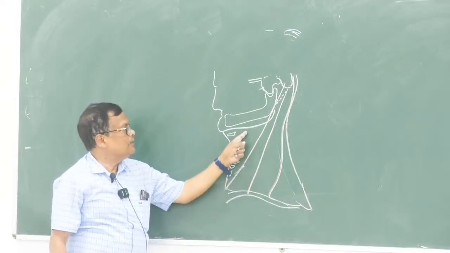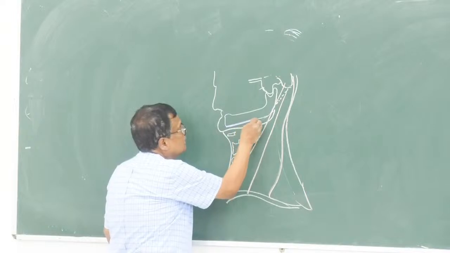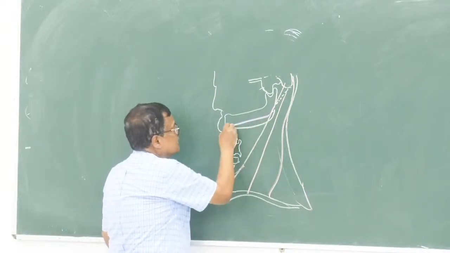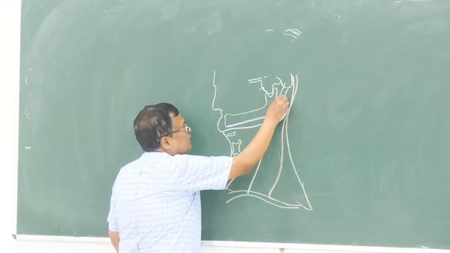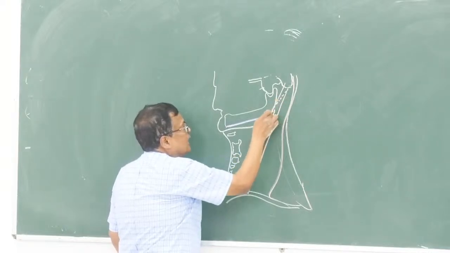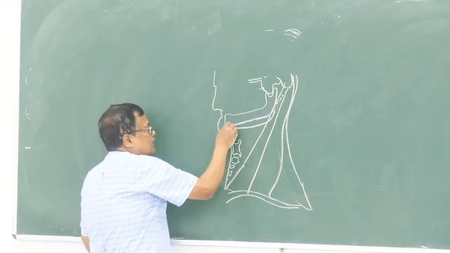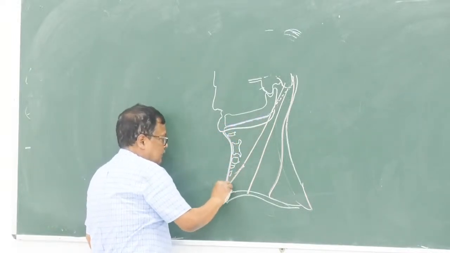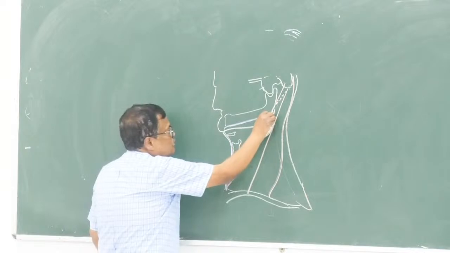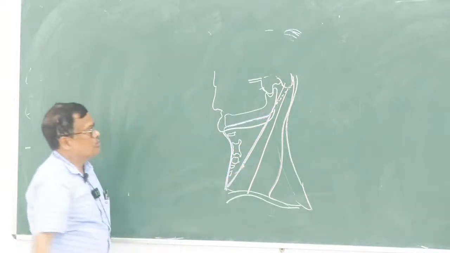What is the boundary of the anterior triangle? Lower border of the mandible up to the symphysis menti to the angle, and then an imaginary line from the angle to the mastoid process. So this is the upper boundary. The anterior boundary is the midline of the neck, and the posterior boundary is the anterior border of the sternocleidomastoid.